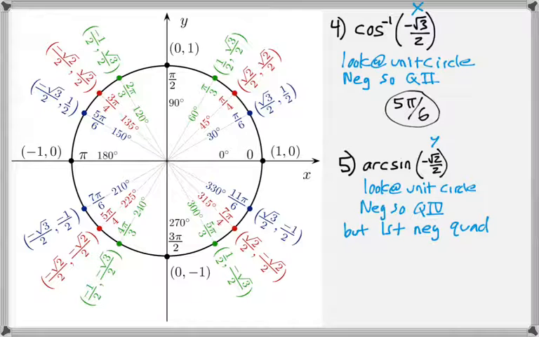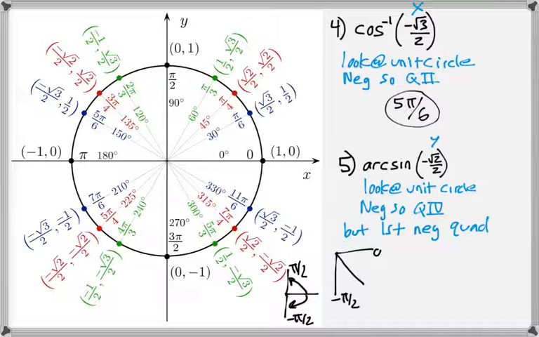Because again, when we defined inverse sine, it was really from negative pi over 2 to pi over 2. So if it's positive, go in that direction. If it's negative, go in that direction. So we're kind of looking at this like here from 0 to negative pi over 2, and it's right here.